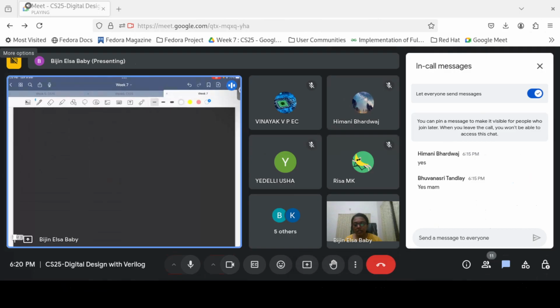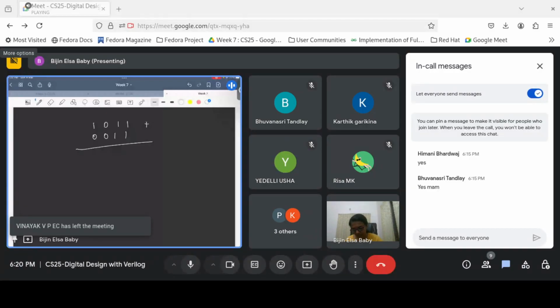For example, if we take a 4-bit number 1011 and 0011, what will be the value? If you add, here 1 plus 1 is 0, and you will have a carry 1. 1 plus 1 is 0, and here you will have an input carry, so it will be 1.